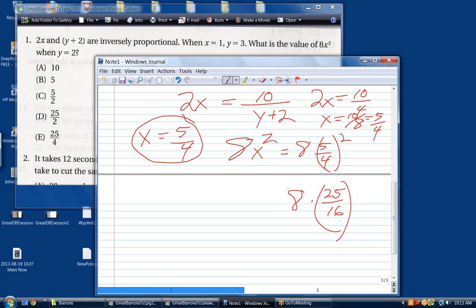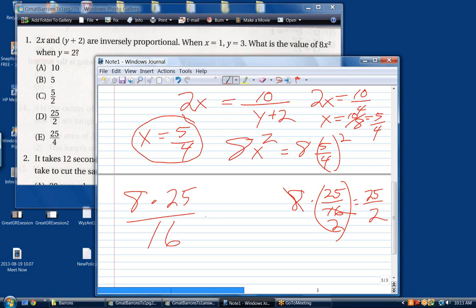Right. Now, if we then say 8 times this, we simplify. Oh yeah, that's right. I always forget to do that. Simplify it first. That's a good thing to do because this is going to be a type of problem where you probably cannot use the calculator. Normally you would say 8 times 25 divided by 16, but obviously this is way smarter.